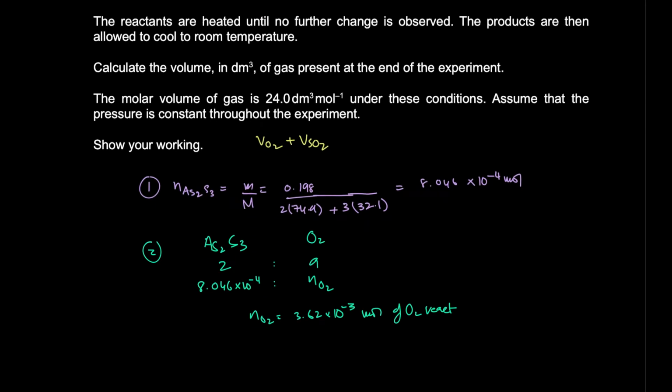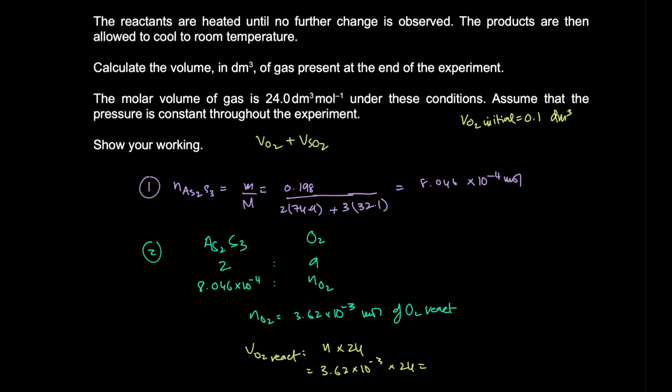Remember, our volume of oxygen initially was 0.1 dm cube, right? So can I say that the volume of oxygen that reacts is equal to the number of moles times 24 decimeter cube? So that would be 3.62 times 10 to the power of negative 3 times 24.